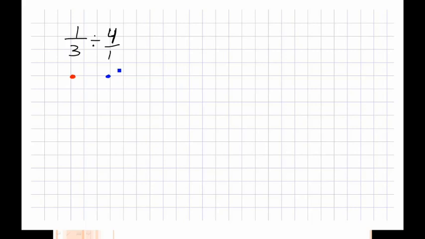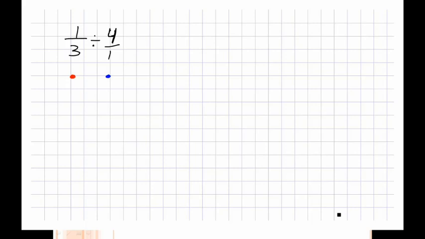And since this 4 is a whole number, a good way to set your problem up is to make your number line as long as the longest fraction that you have. Well, this 4/1, this 4 is the whole number, so I'm going to make my number line 4 units long.